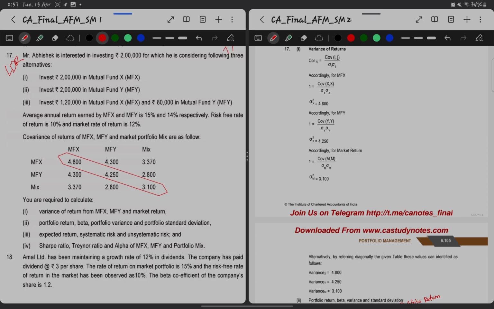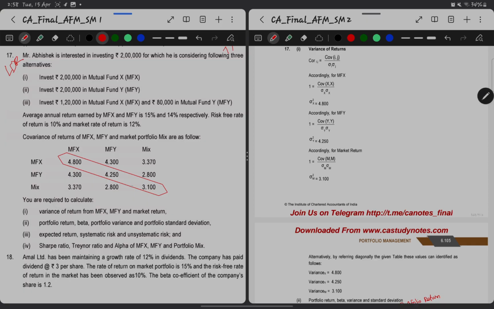Now going to the solution, first they are asking the variance of return from MFX, MFY and market return. They have already given the covariance table, so we can directly pick the values from here. As we have seen in our previous questions, the covariance of a security with itself will be the variance.